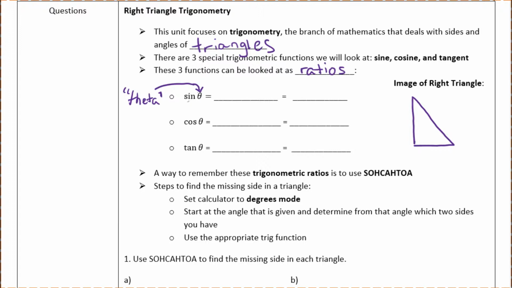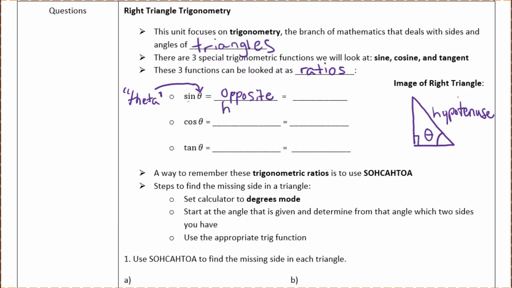Let's say that the angle we're interested in is this angle here. We're going to call that angle theta. Then the sine is the opposite over hypotenuse. Remember that in a right triangle you have your legs and then you have your hypotenuse. So this right here is your hypotenuse.